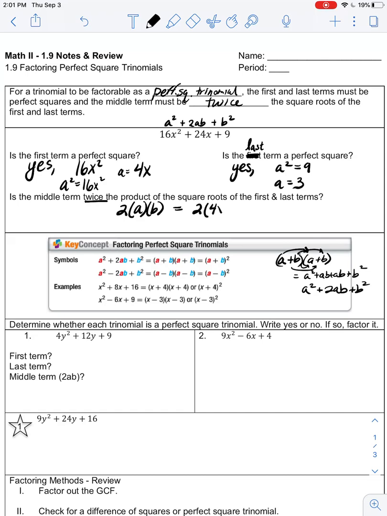So 2 times 4x times 3. And I wrote a squared and a again, but this should have been b squared and b. Okay, so that comes out to 12x times 2. So that's 24x.